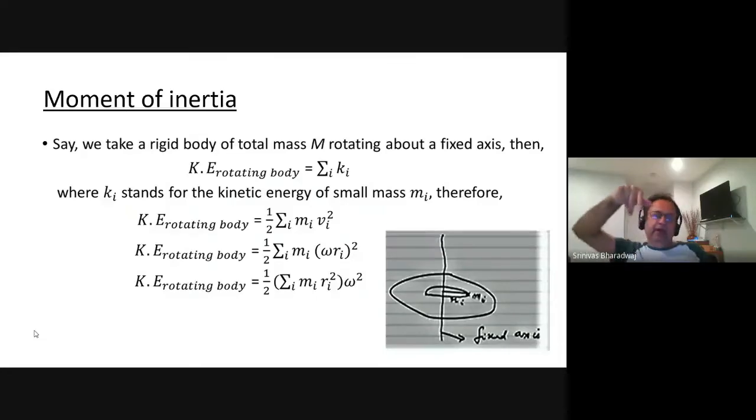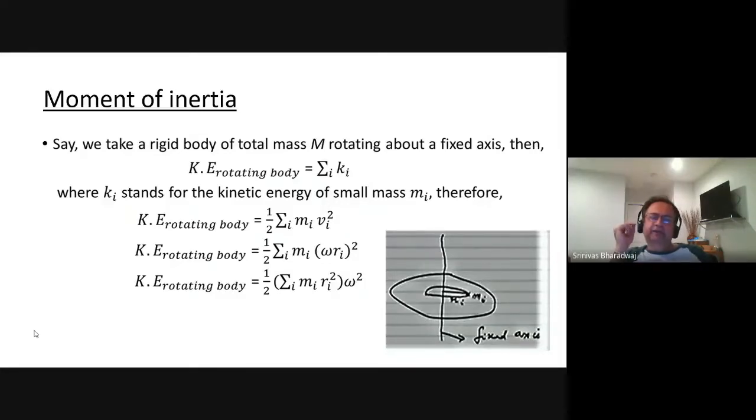And if everything is moving with a velocity v, then its net kinetic energy is half sigma m r square omega square, right? Now that sigma m r square is the moment of inertia. Half I omega square, right?